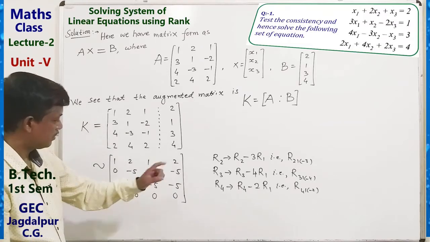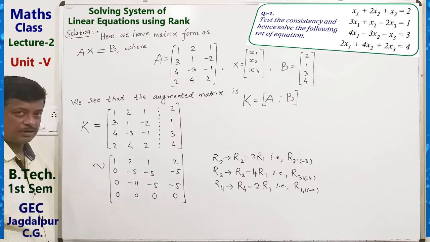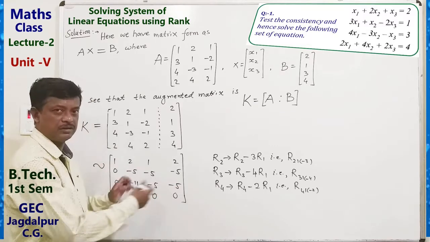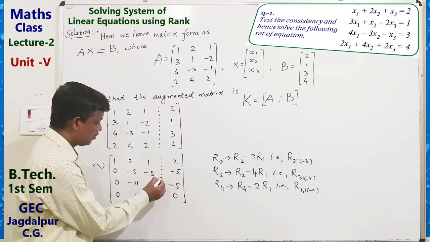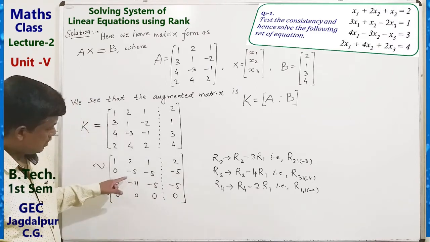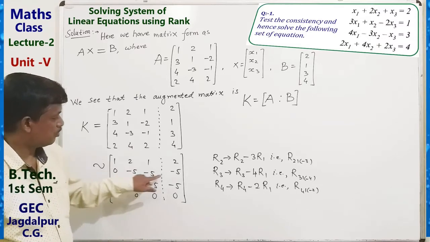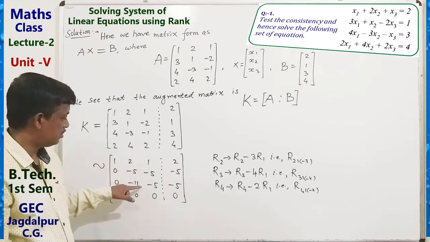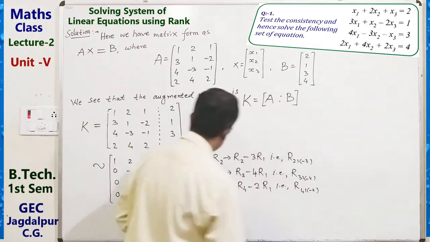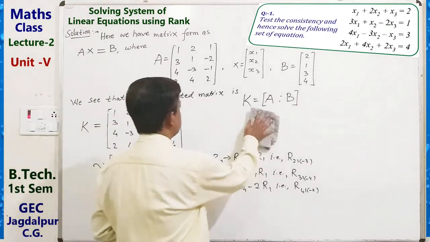Okay, by applying this operation. Now our target is what? Try making 0 here. So we can see that it can be converted to 1 1 1 1, and then by that 1 you can make it 0. Okay, so by this operation we get like this.